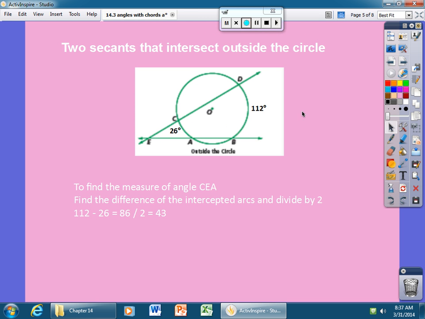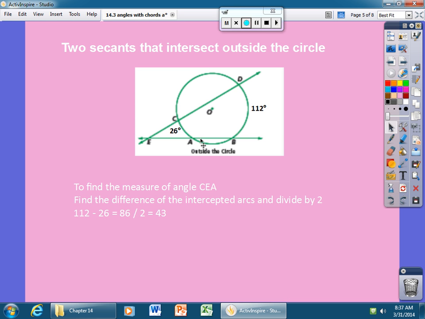The next one is whenever they intersect outside the circle. So notice I have this secant and this secant. My two intercepted arcs: I have the big arc, which in this case is 112 degrees, and the small arc, which is 26 degrees. And I want to find the measure of angle CEA.